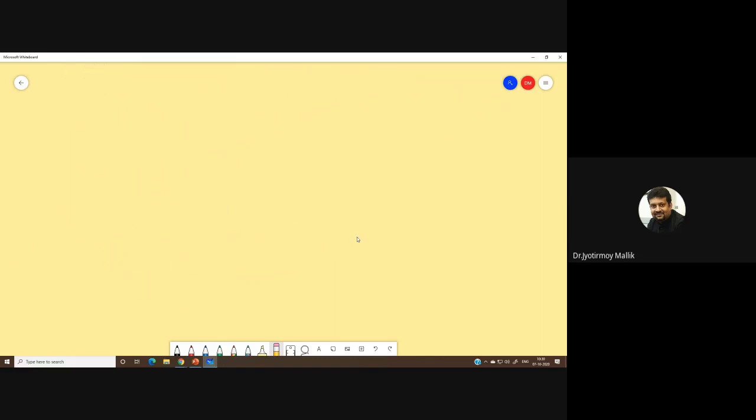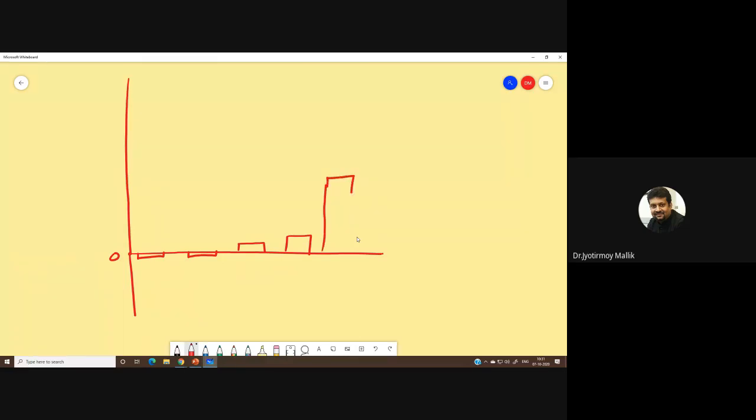If I look at some of the common rock forming minerals, this is zero susceptibility. I'll just name the minerals and put the scales in a moment.